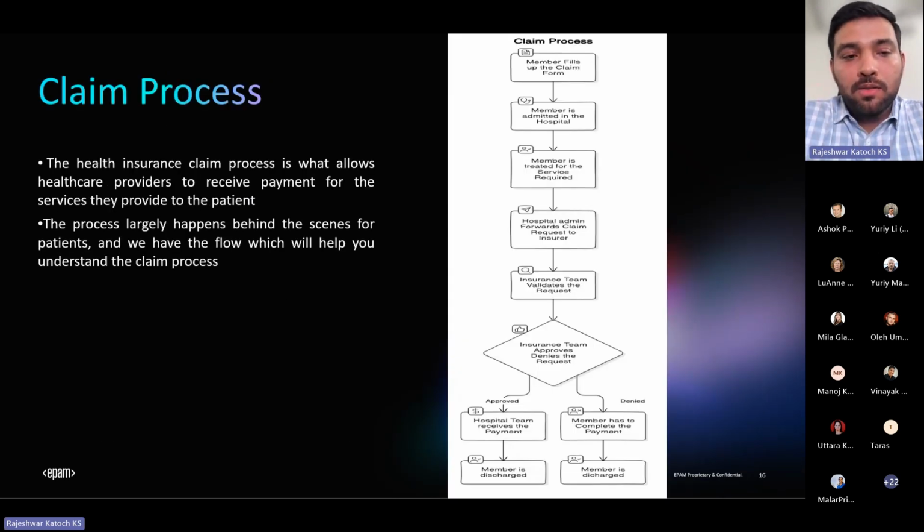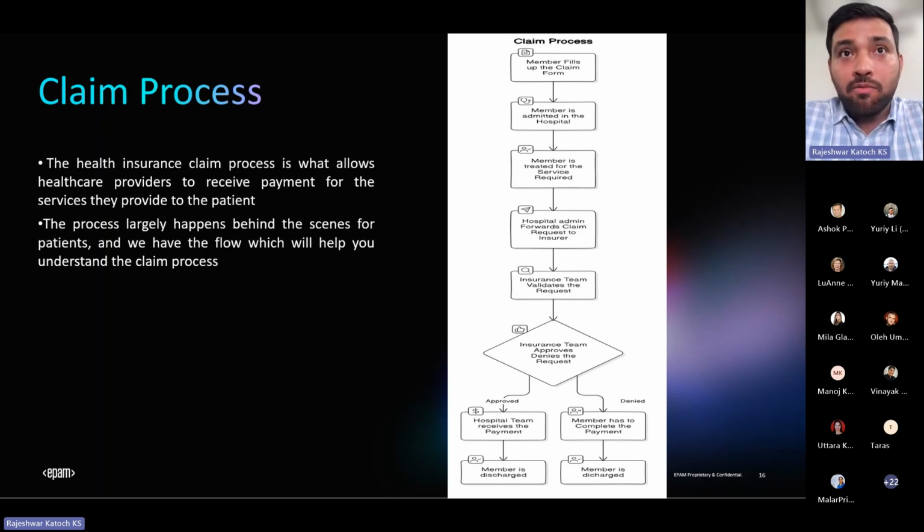So this is where the claim process comes up, where the member files for the claim. He fills up the claim form, then the member is admitted to the hospital, the member is treated, all the processes are done, and the insurance company approves. This is where I was trying to tell you that when the insurance company does its own scrubbing of data in the claim processes, they check this information which I've been explaining earlier on the data front.